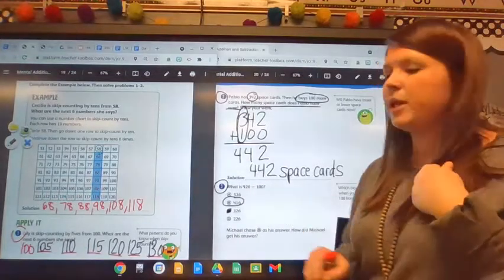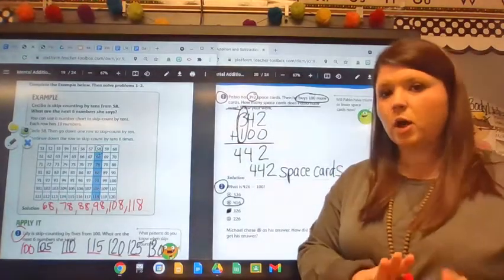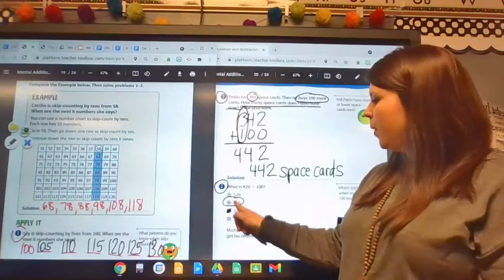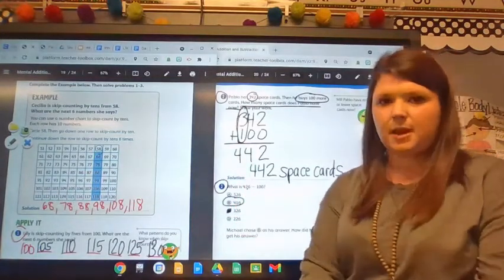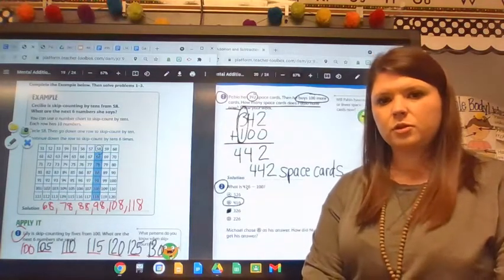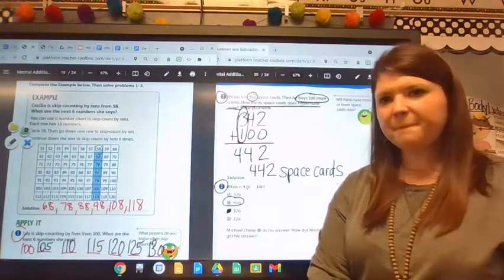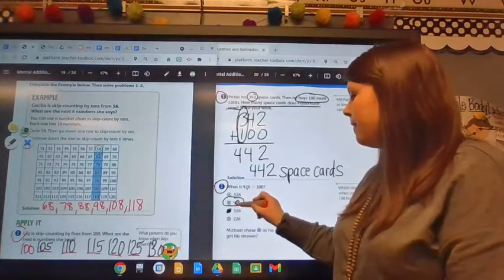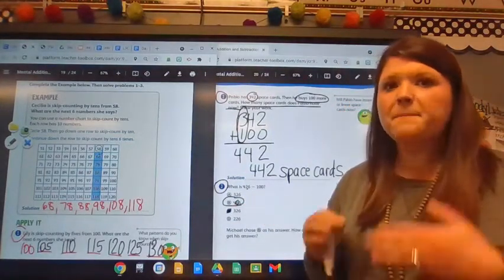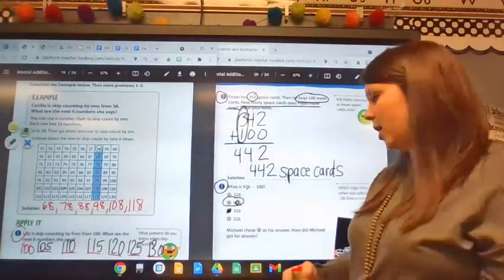We were supposed to be subtracting by 100, so our hundreds place would change, right? But which place changed from 426 to 416? Which place changed? The tens place, right? The hundreds place stayed the same, and the ones place stayed the same, but that tens place changed.